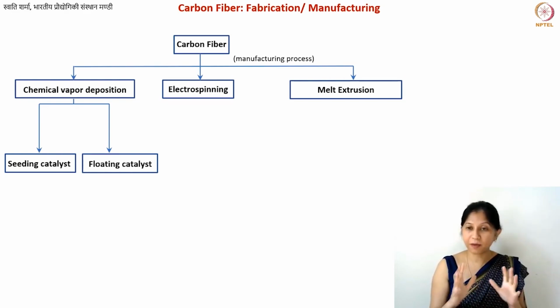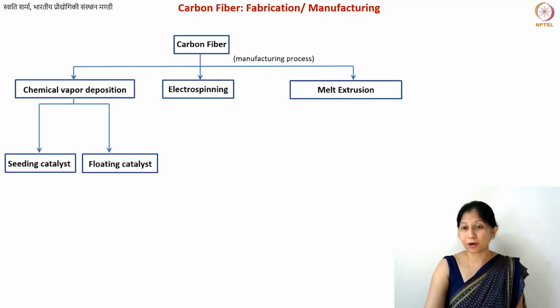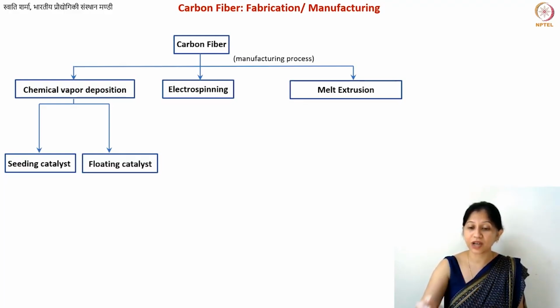For fiber fabrication by pyrolysis of any gaseous hydrocarbon, your catalyst becomes the most important thing. The shape of the catalyst, the size of the catalyst, and how you distribute that catalyst inside your furnace or reactor also become very important. Based on this distribution of the catalyst, you can divide it into two types.